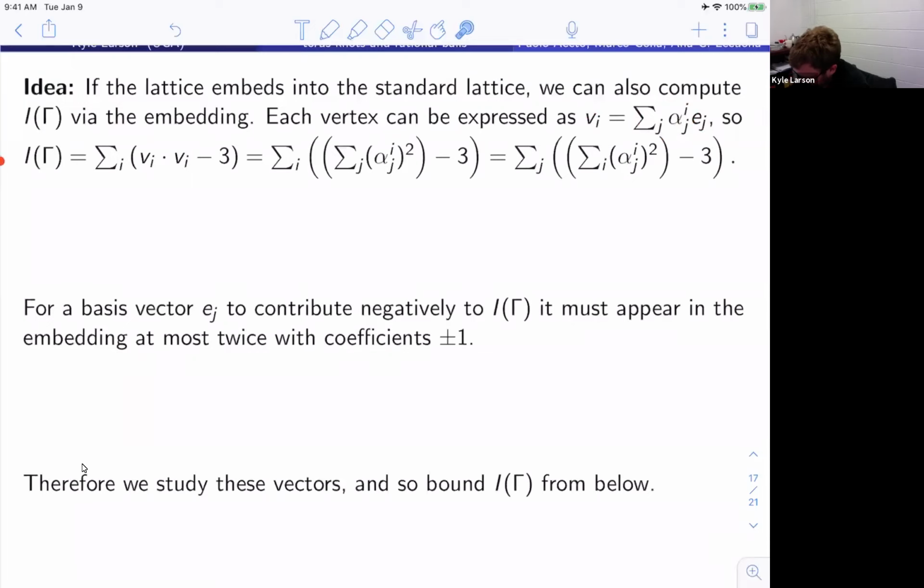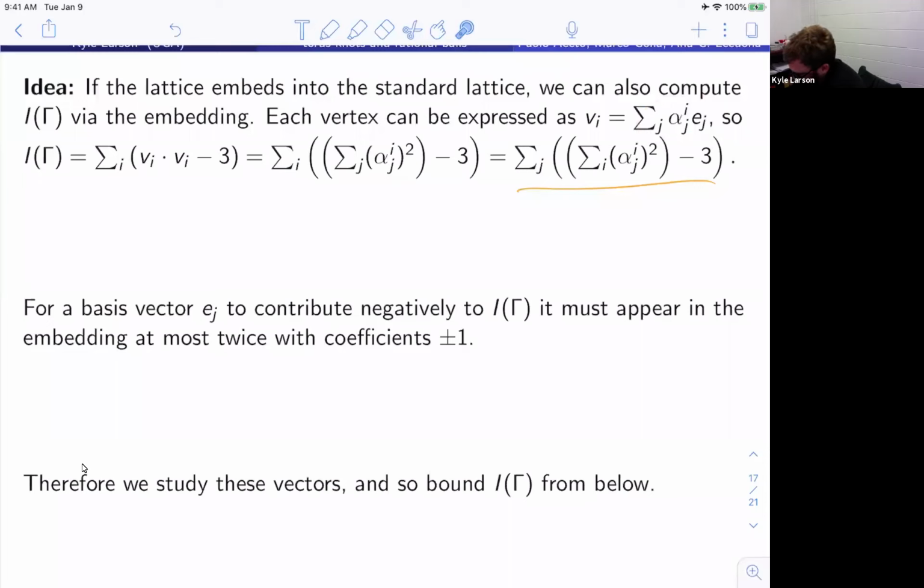Here's the definition of I, but now we use this embedding, right? The weight of the ith vertex, or the self-pairing of the corresponding element in the intersection form, is given by the sum of the squares of these coefficients. The indices i and j range over the same index set, so we can permute the order of summation, and we get this expression here. This is expressed purely in terms of the coefficients of the standard basis vectors in such an embedding.